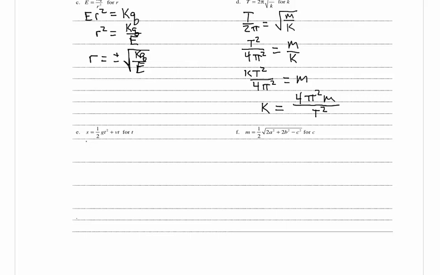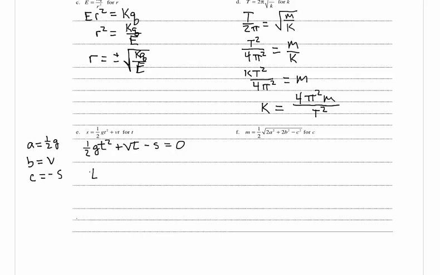So we have 1/2 g t squared plus v t minus s is equal to 0. And now we're going to use the quadratic formula. And a is equal to 1/2 g, b is equal to v, and c is equal to negative s.